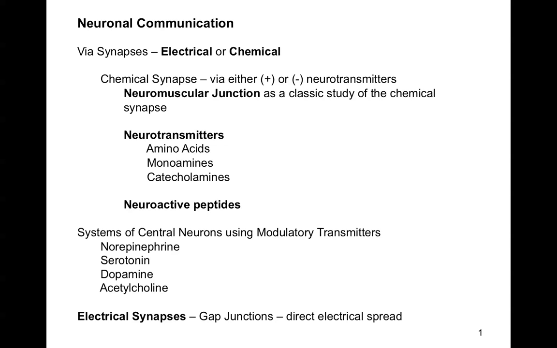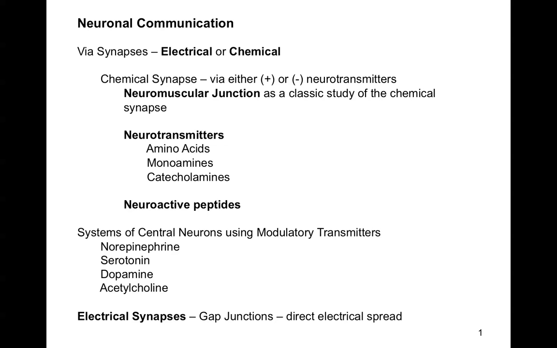And synapses tend to come in two types. We have what we call electrical synapses and chemical synapses. And by far what's more common are chemical synapses. In a chemical synapse, we have the release of some kind of neurotransmitter by what we call the presynaptic cell, and that neurotransmitter stimulates what we call the postsynaptic cell.